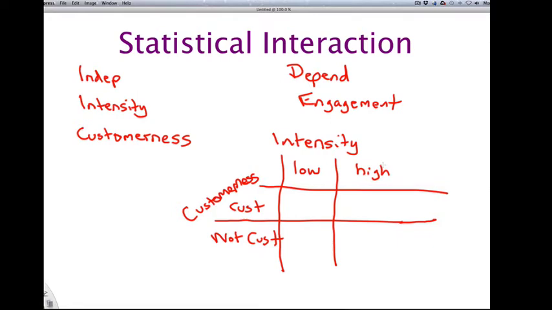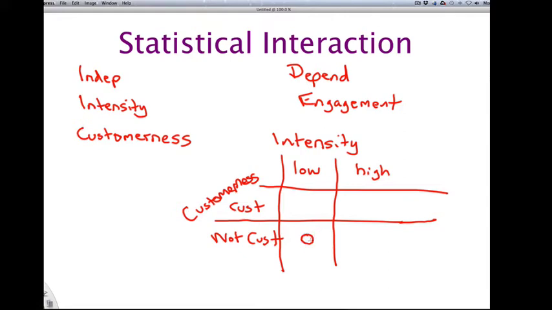And then we measure engagement, and I'm just going to look at their statistics and try and guess at what the values are. So for low intensity and being a non-customer, the level of engagement is, let's say, 0.